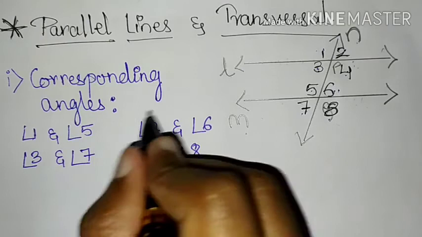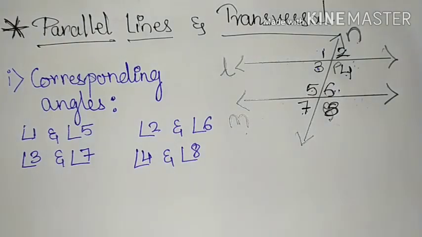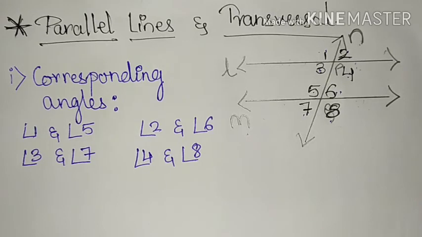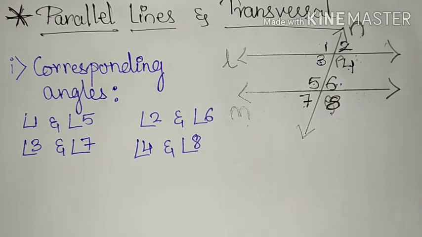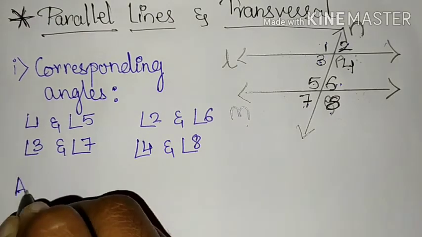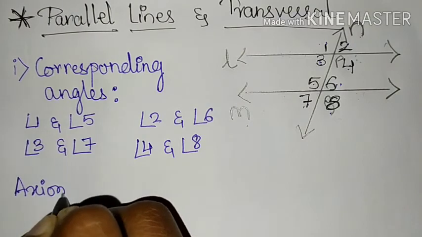These 4 sets of angles in our figure, where L is parallel to M and N is the transversal, are known as corresponding angles. And there is an axiom, and if you remember, an axiom is a statement which is considered to be the truth without any proof. So there is an axiom for corresponding angles.